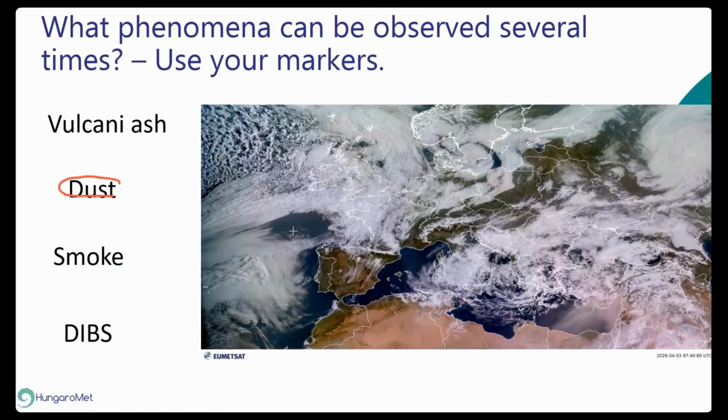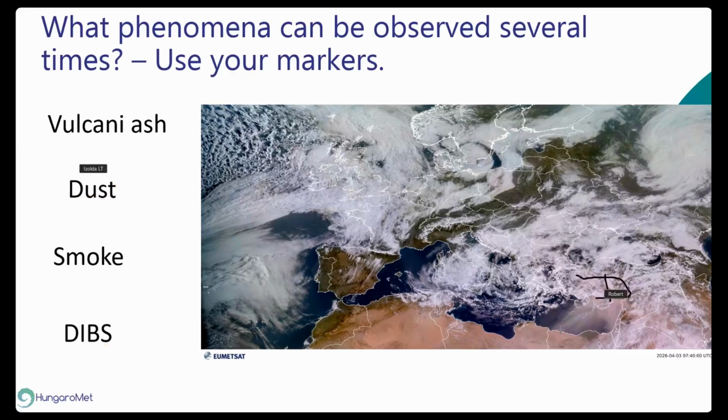So you will be able to mark some of the things we can see. I see some of you have already put dust and dips in there. Yes, I also see some, yes, exactly.